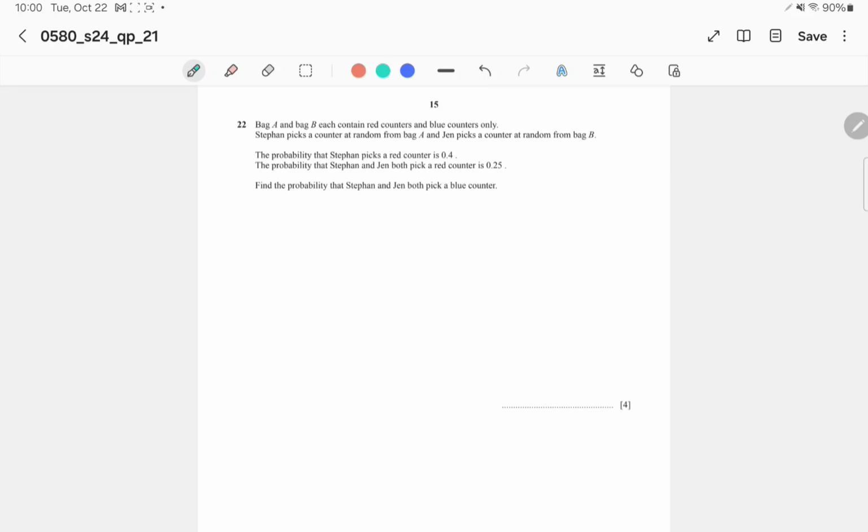Now they are also asking for the joint part in the second thing. So to find the probability, I will write bag A. The probability is 0.4 for red. So automatically blue will be 1 minus 0.4, which is 0.6. Similarly for bag B, picking red and blue. If he picks red as x, we will keep it, and here we will keep 1 minus x.